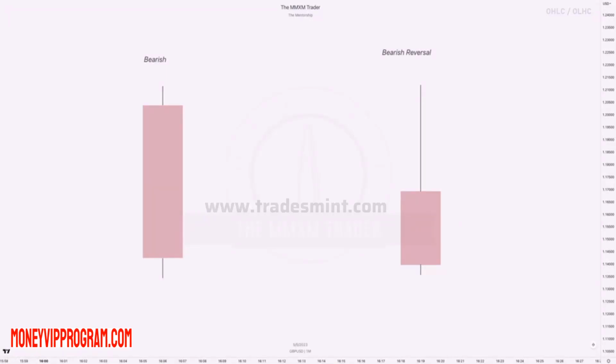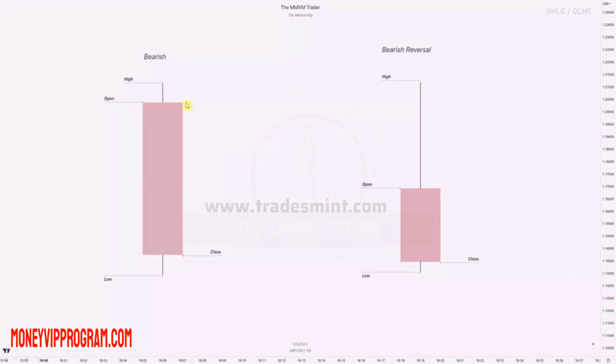So over here we've got 2 bearish candles, right? We've got that bearish candle and a bearish reversal candle. A bearish candle is an open high low close, right? So over here we open up, we create the high of the day, expand lower during the day, and eventually close out the day down here, thus having a bearish candle. Now again, just like with the bullish candles, the high of the day can be formed during London session most of the time, expanding and having a New York continuation to close out the day bearish.